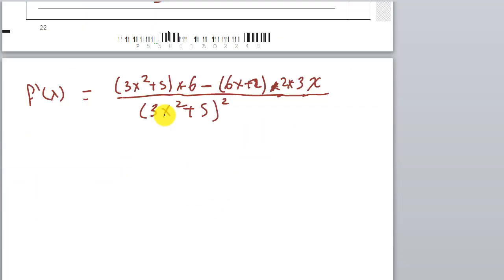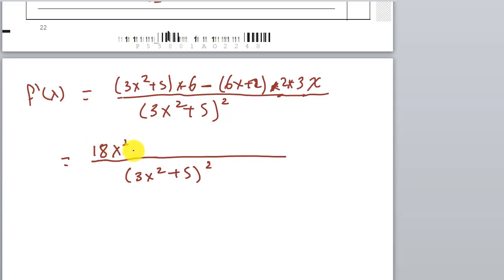Okay, so it's equal to 3x squared plus 5 squared at the bottom. Here 18x squared plus 30 minus 6 multiplied by 6, 36x squared minus 12x. This is x squared.